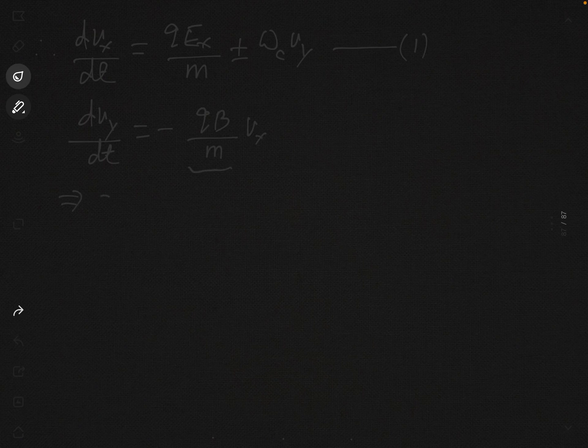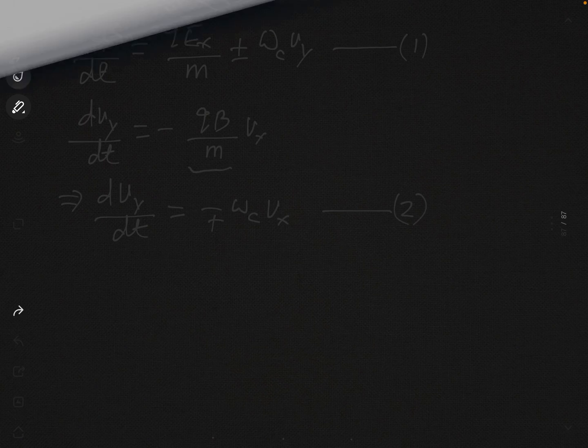So we may write dvy by dt is equal to minus plus omega c into Vx. This is the second equation of motion in scalar form.